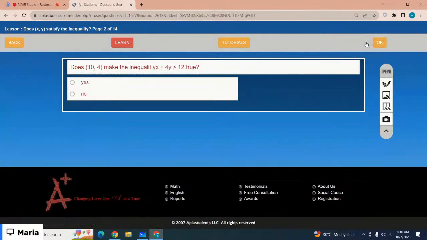Okay, the next one: does (10, 4) make the inequality 5x plus 4y greater than 12 true? True or false? So which is the correct option?